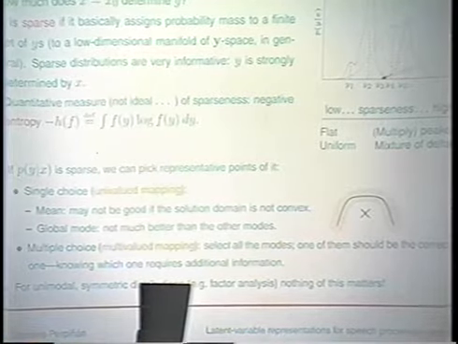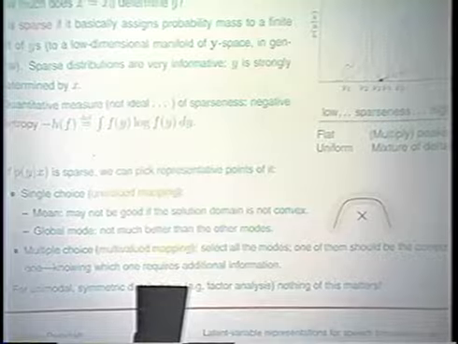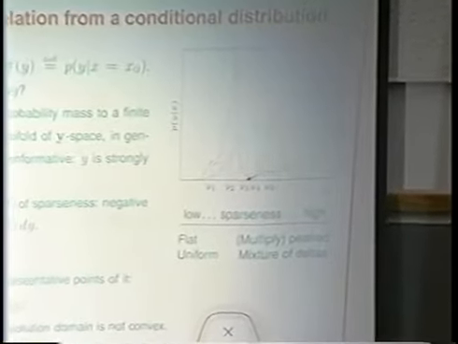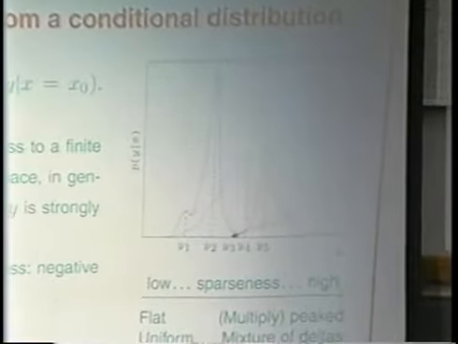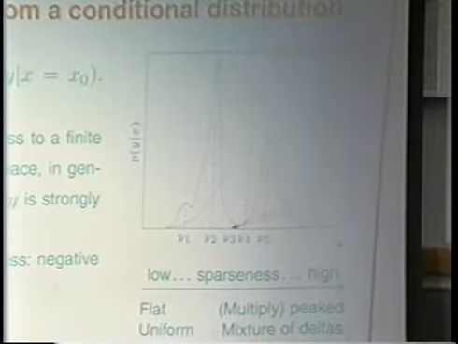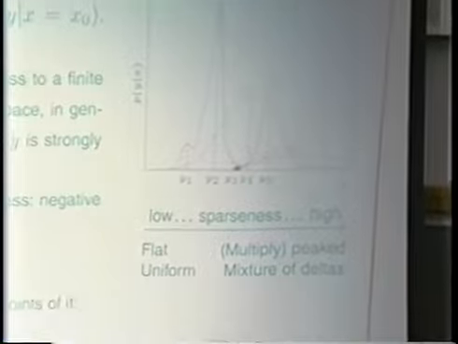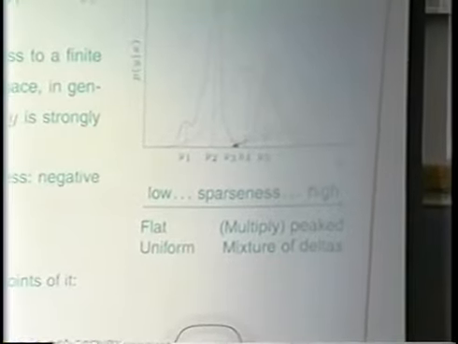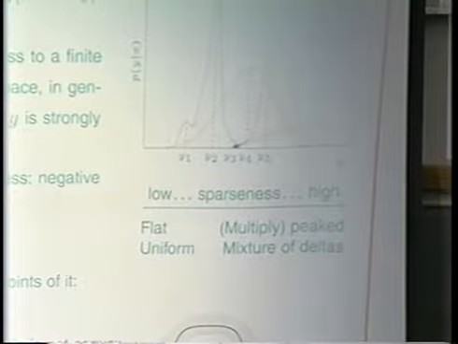So, in order to pick points from a distribution, that distribution should be peaked. And one way to measure that, which I call sparseness, how thin is the distribution around the peaks, you can use the entropy. But I haven't really cared about that. I have just always computed the modes of any conditional distribution and used that to reconstruct.